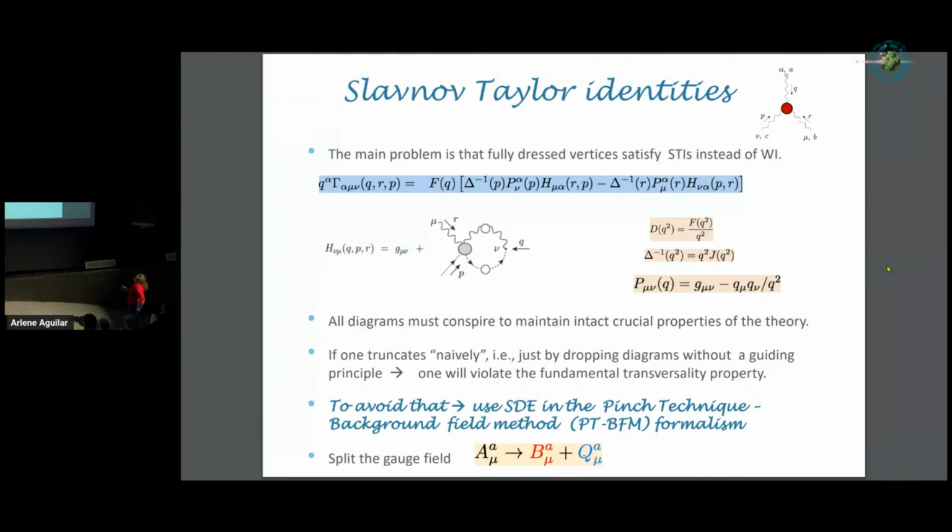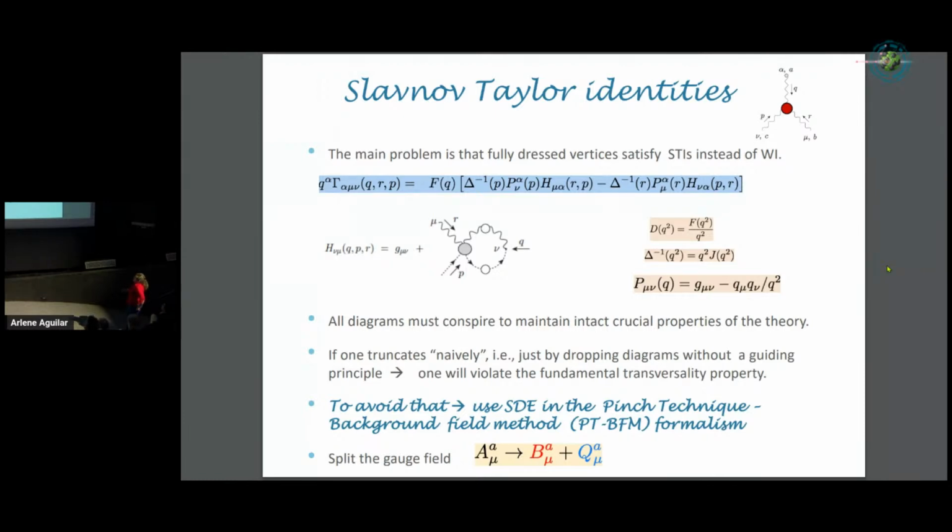F is the dressing of the ghost propagator. This H is the ghost-gluon scattering kernel that is represented here. And here you have the Slavnov-Taylor identity that this vertex satisfies, okay?